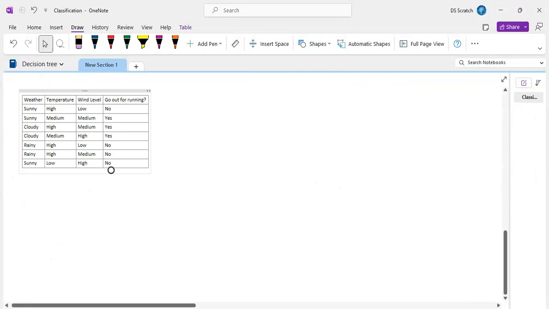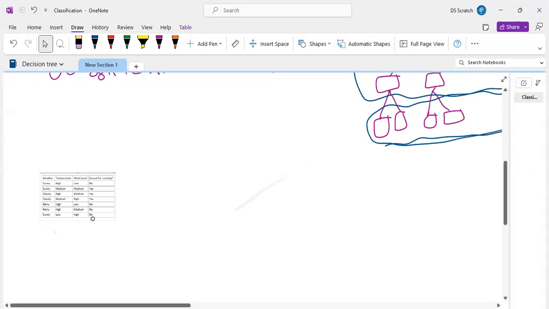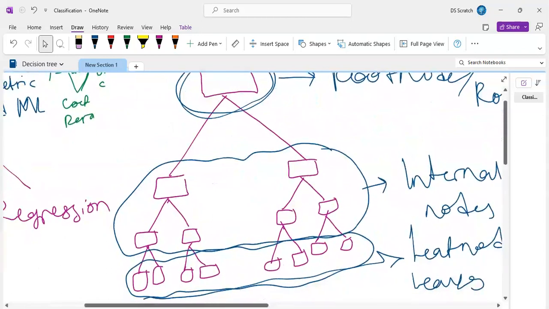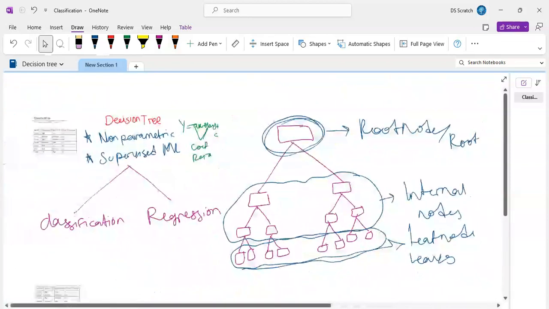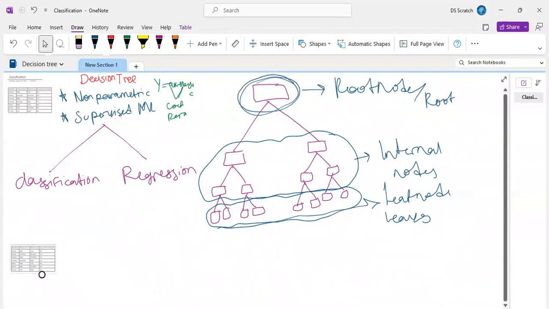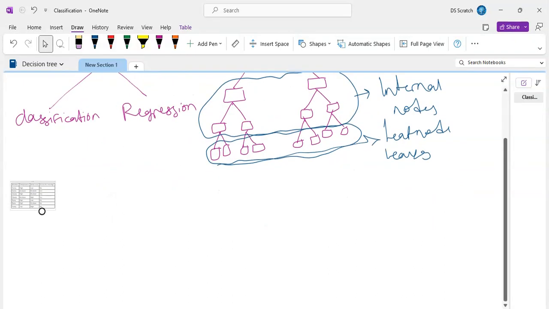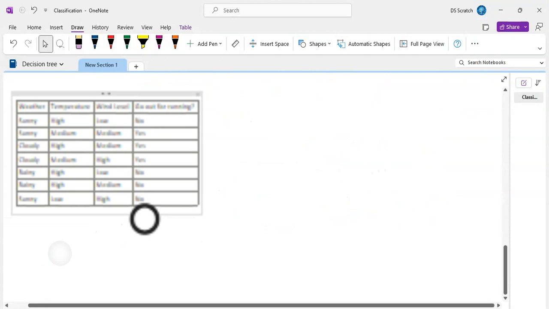Now, if you see the structure of the decision tree, we have the root node on the top, which is the most important node in a decision tree. For deciding which feature should be on the top, we have something called impurity.